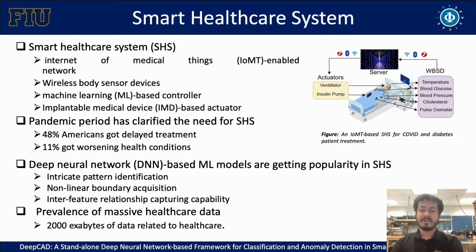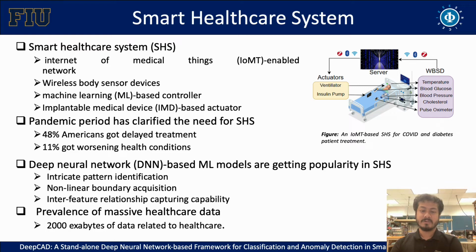Deep neural network based smart healthcare system controllers have attained significant popularity in recent days for patient health status classification due to their intricate pattern identification, nonlinear boundary acquisition, and interfeature relationship capturing capability. The accuracy of deep neural network models largely depends on the amount of training data.